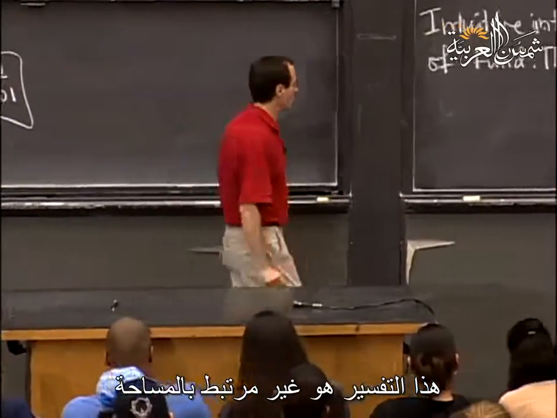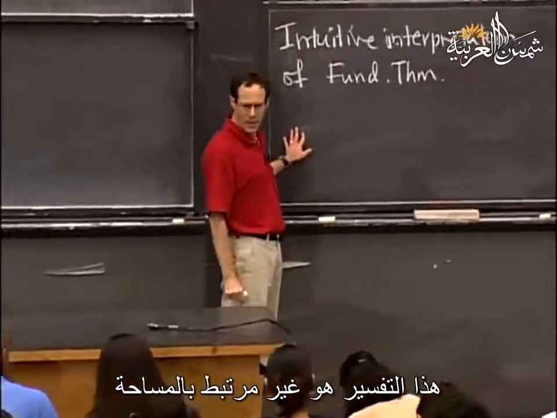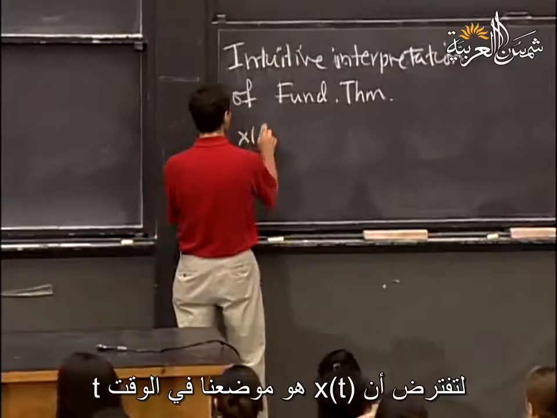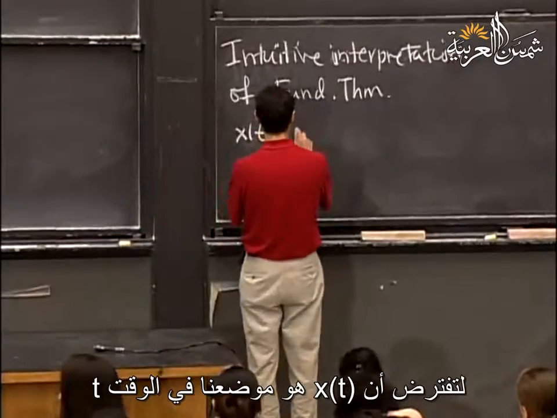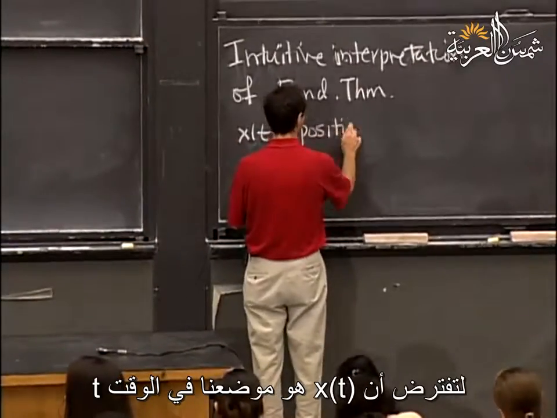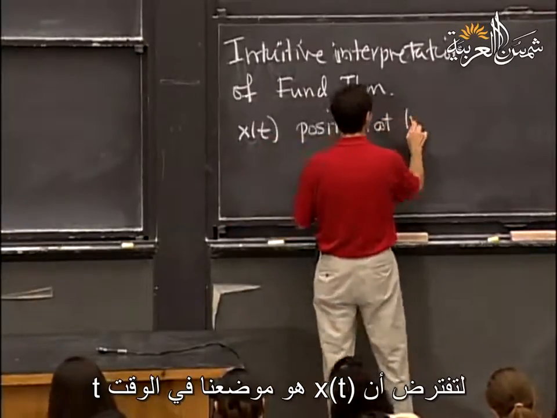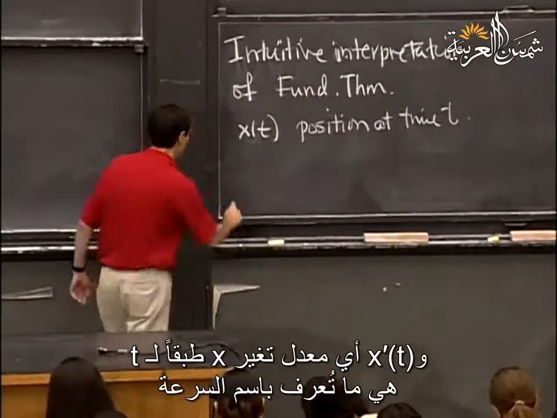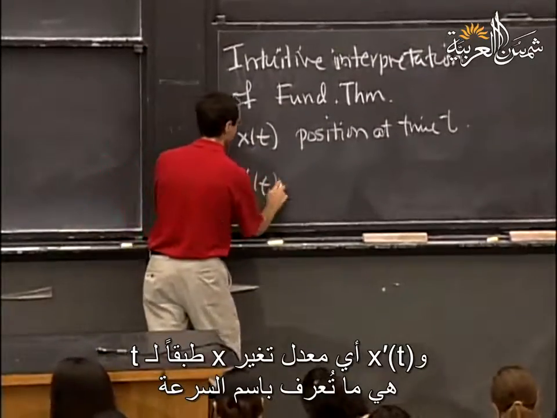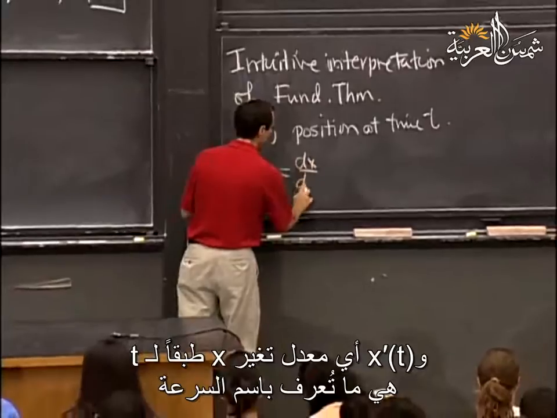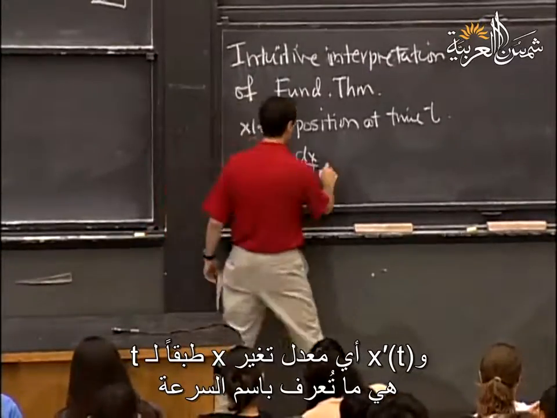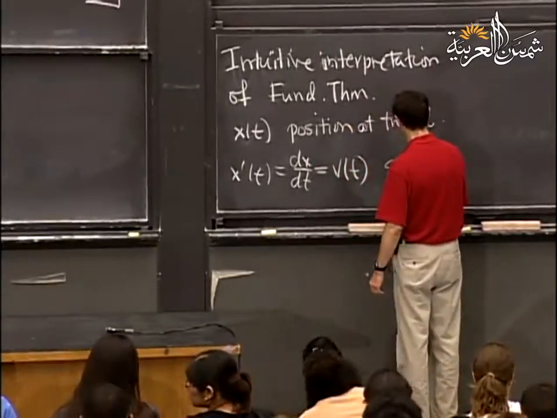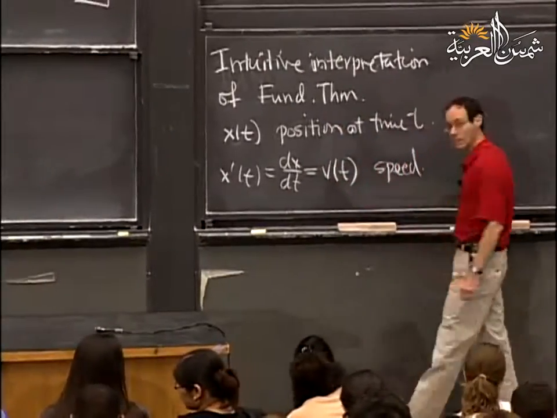So this is going to be one which is not related to area, but rather to time and distance. So we'll consider x of t is your position at time t, and then x prime of t, which is the rate of change of x with respect to t, is going to be what we know as your speed. All right?